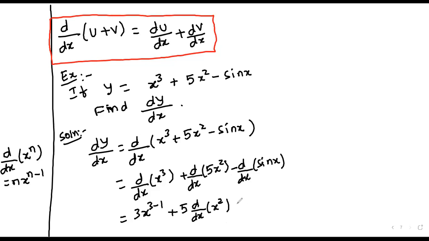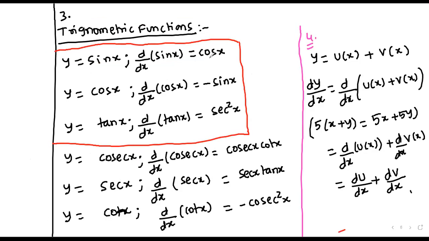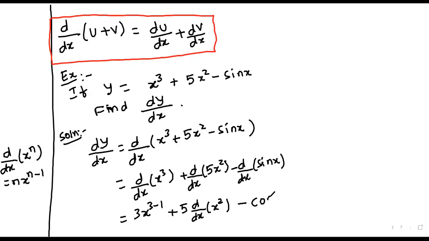Minus d by dx of sin x, which means cos x. d by dx of sin x means cos x.